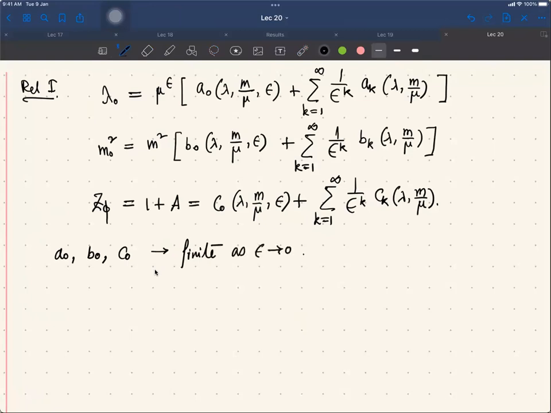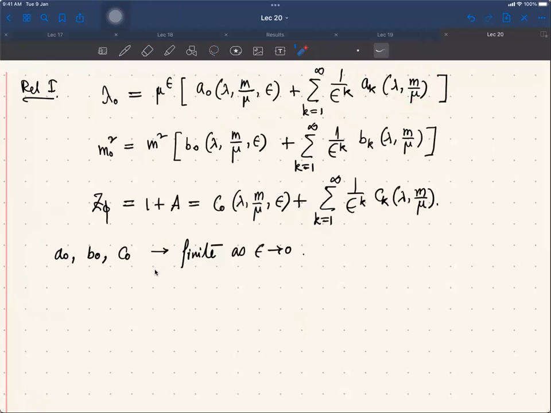So what I have done is that apart from the scale, I have written the rest of the expression as an expansion in epsilon poles. There is a part which has the epsilon poles, and the poles go from order 1 to infinity, and each pole has a coefficient, and that coefficient depends on lambda and mu by epsilon.